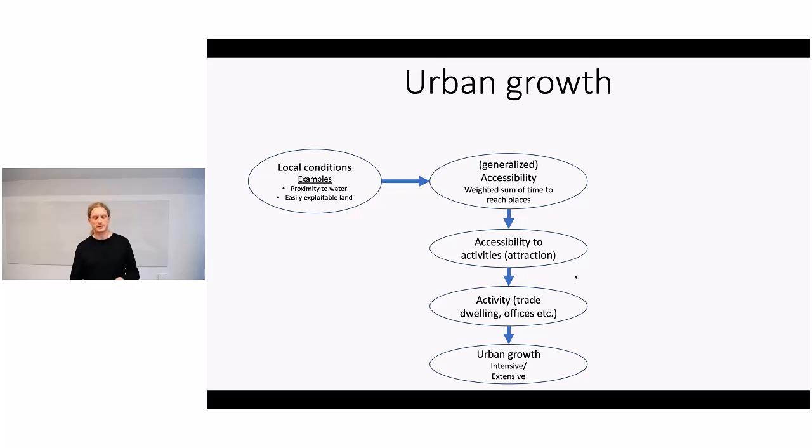That is some kind of attraction, and that attraction generates activity, as I said, in trade, dwelling, etc. And this increase in activity creates a demand for new buildings, for taking new land and transforming it to something more useful.